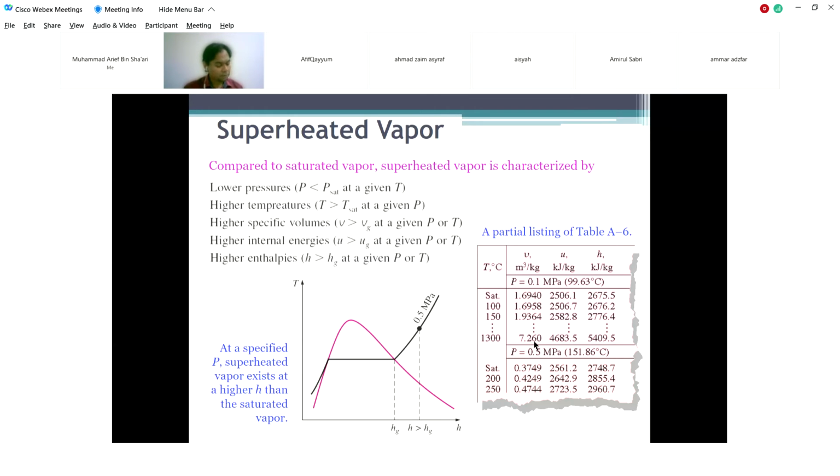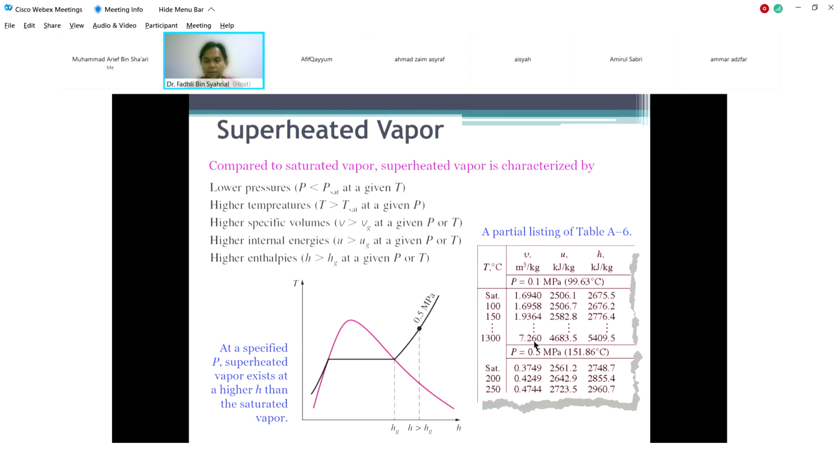For example, in the first small column, the pressure is 0.01 megapascal.